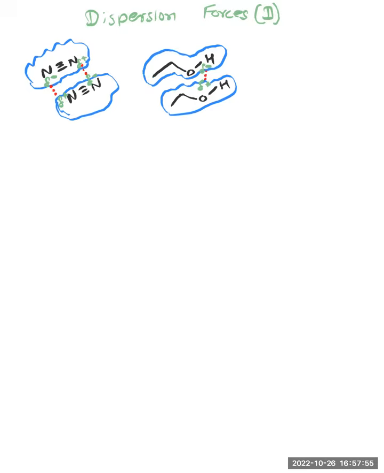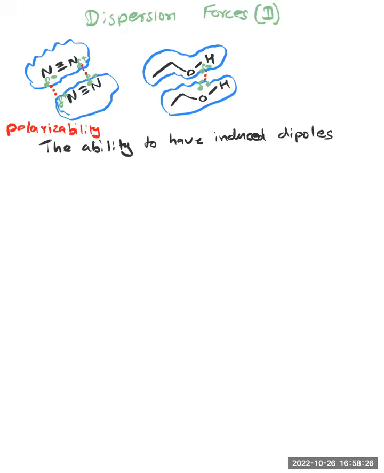So polarizability is the ability to have induced dipole. So the ability to have induced partial charges is called polarizability. Let's write that. This is called polarizability. And this is the main factor that determines the strength of dispersion forces.